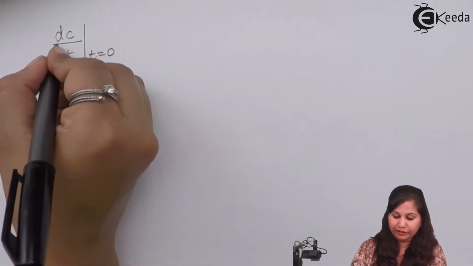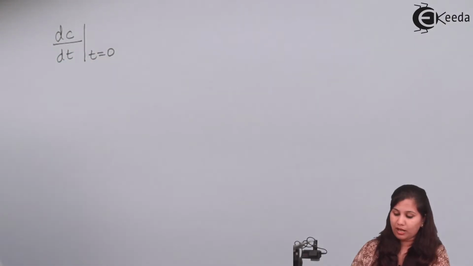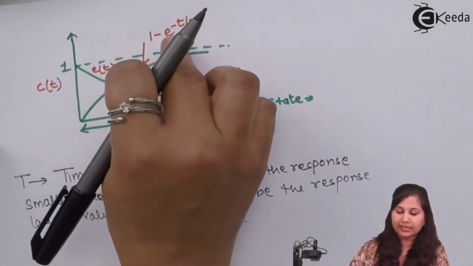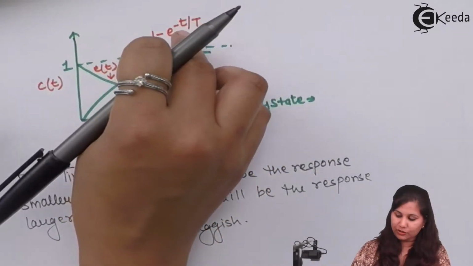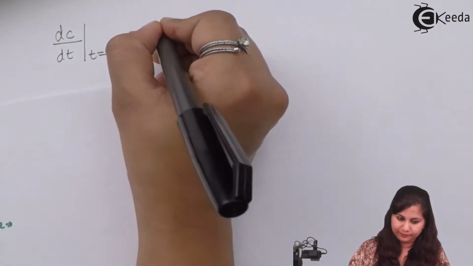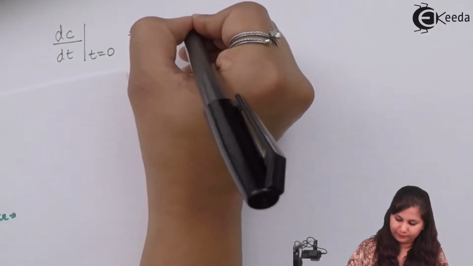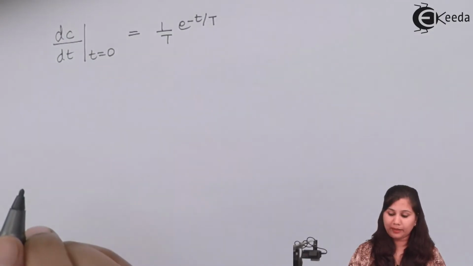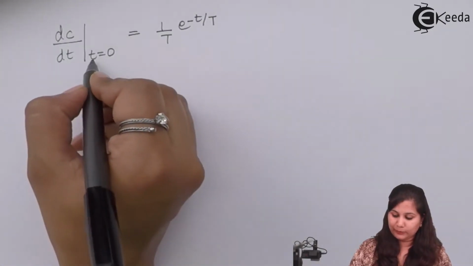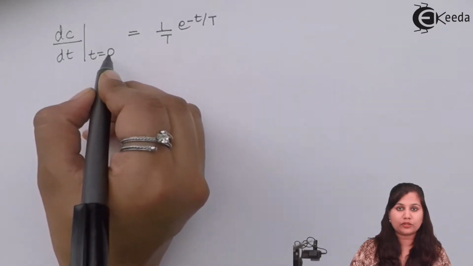So we are going to differentiate the output equation, 1 minus e raised to the power minus t by T. Its differentiation will be 1 upon T e raised to the power minus t by T, and we have to calculate the slope at t equals 0.